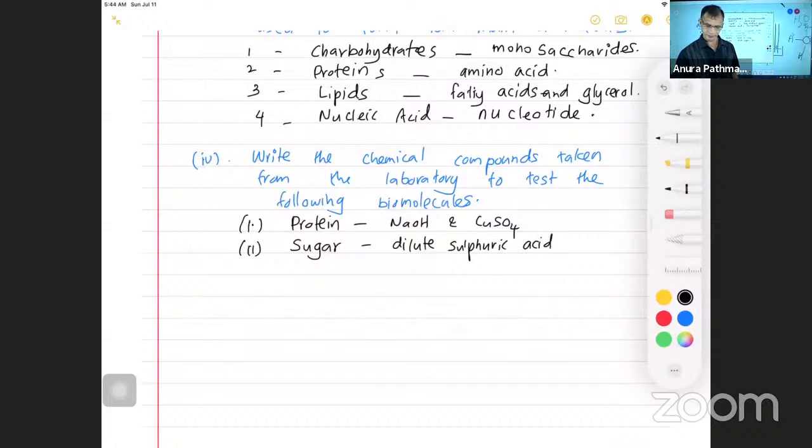Then, which solution? Benedict solution. Dilute sulfuric acid and Benedict solution.